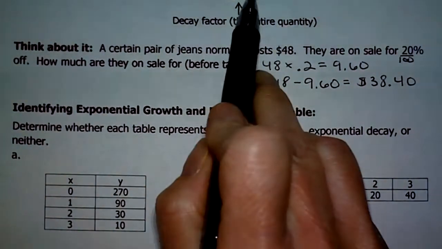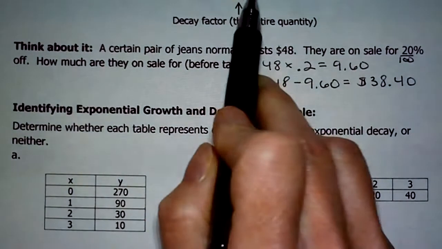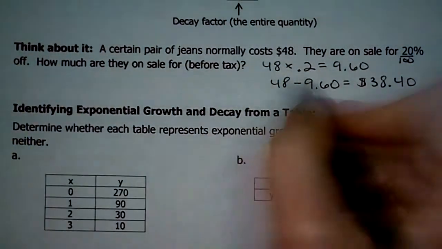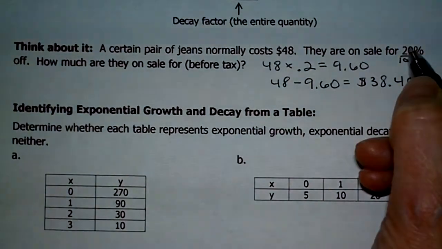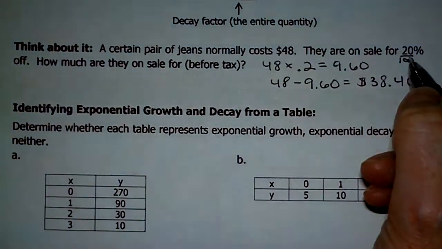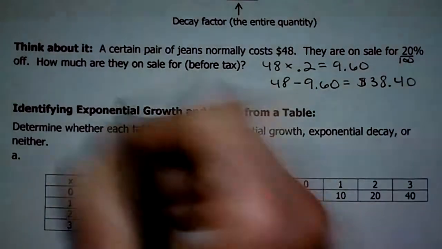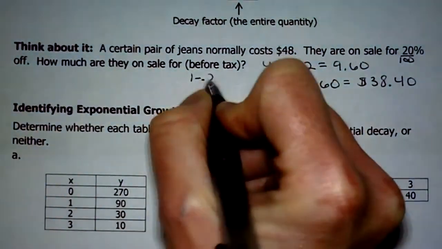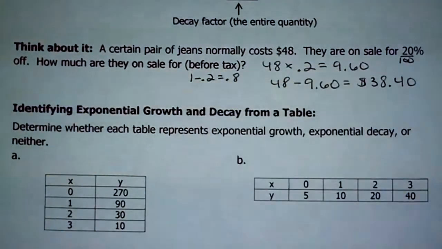Well, up here it says that you can just take 1 minus the r. So watch this. If I take my r, that 20% divided by 100, you get 0.2. If you take 1 minus that, you get 8/10, right?